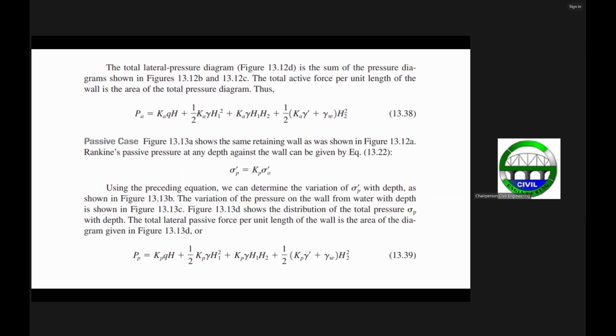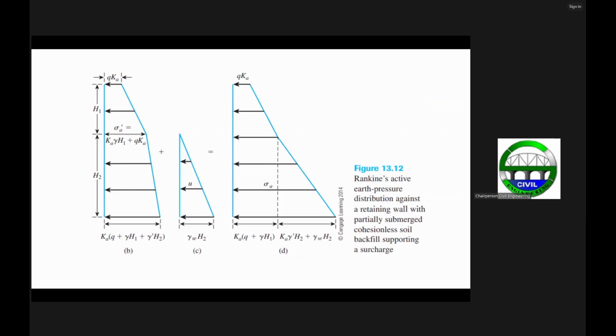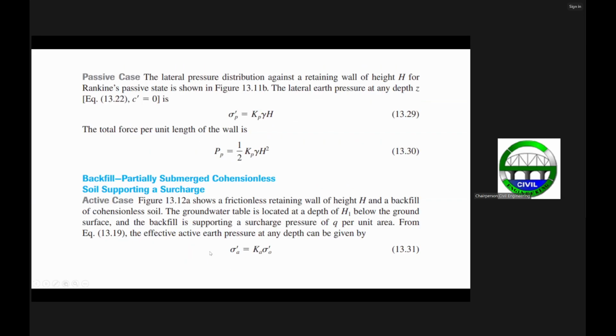To derive the total active force per unit length of wall, we just sum up the area of the total pressure diagram. If we recall again, the active earth pressure is equal to the active earth pressure coefficient multiplied by the overburden pressure, and that can be your sigma sub O, that means overburden.